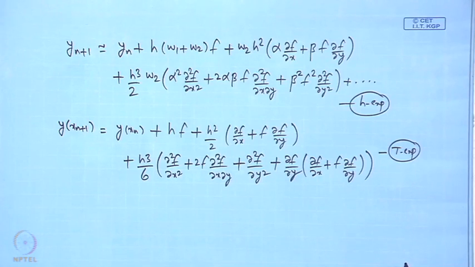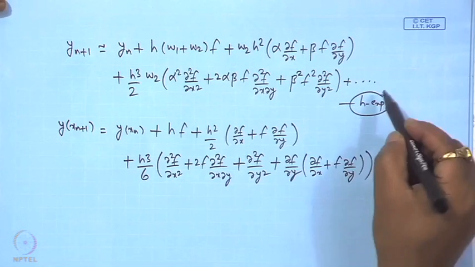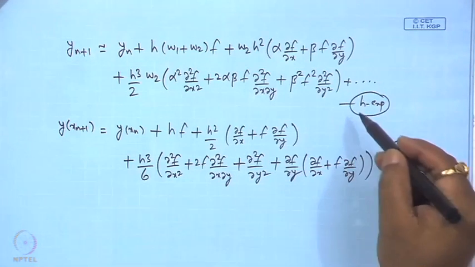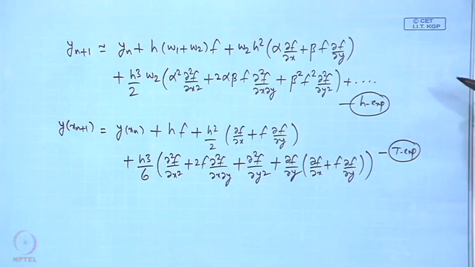Okay. So, now what is our aim? Aim is to compare, as I mentioned, the next task is to compare the Taylor series expansion and the h expansion up to desired terms. Okay. So, that means you have coefficients of h, coefficient of h squared, etcetera.